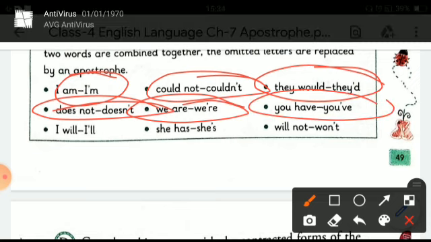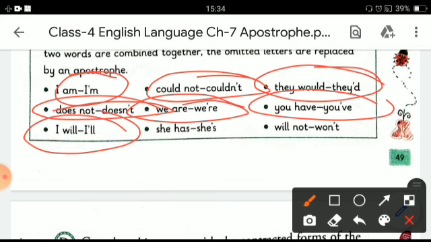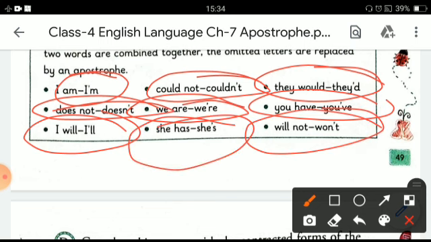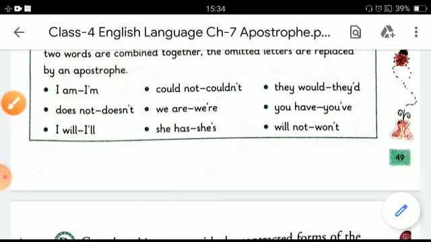I will be written as I'll. She has, she's, she is, she's, and will not will be written as won't. So in this way, we have seen that two words are combined together and omitted letters are replaced by an apostrophe. This is called contraction.